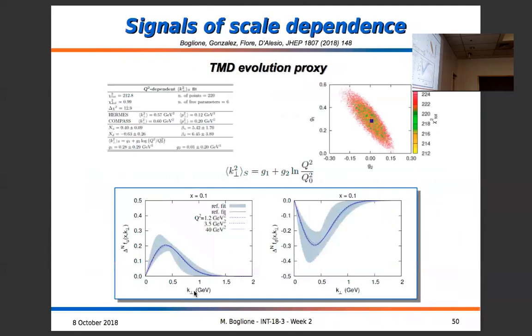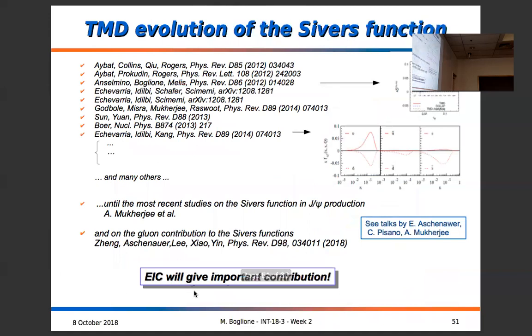So the data at present are unable to distinguish between these different q-squared values. Although Compass made an attempt to separate them in four q-squared bins, according to this model the sensitivity to TMD evolution is very little.